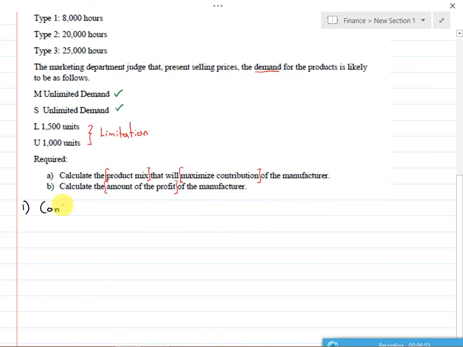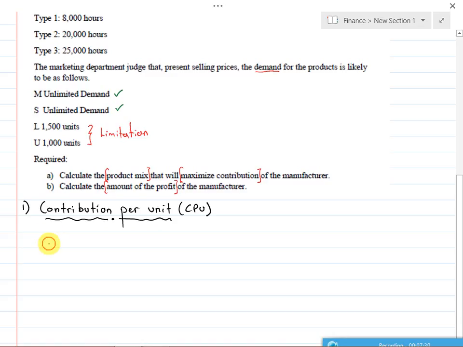How much is your contribution per unit, or as we call it, CPU. Contribution per unit. So how do you start?